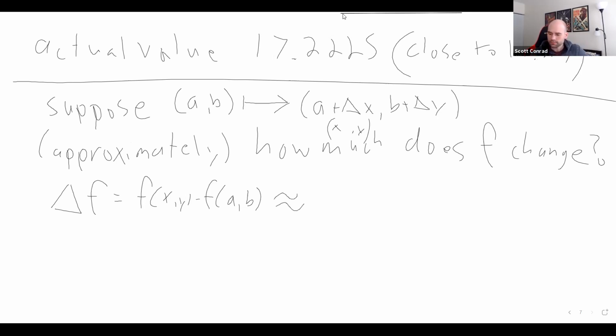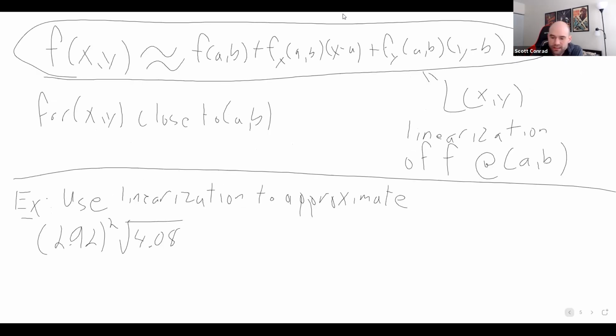So we can use our linear approximation to figure this out. The value of our function at xy, which is close to AB, it's just we're adding delta x to A and delta y to B, is basically the linearization here, that's f of xy, and then just subtract f of AB.